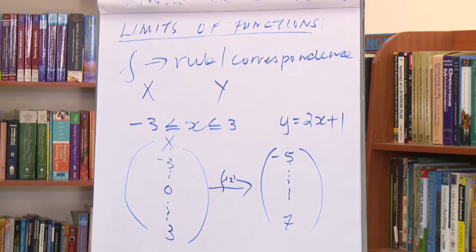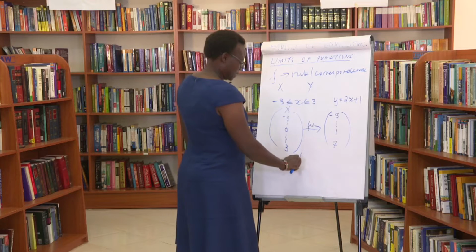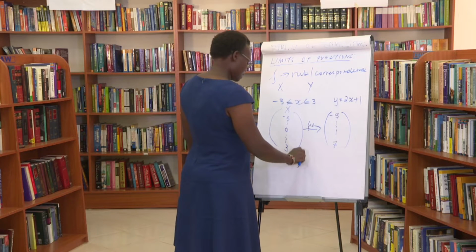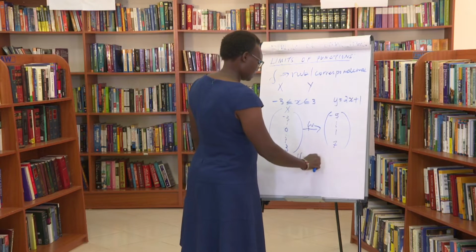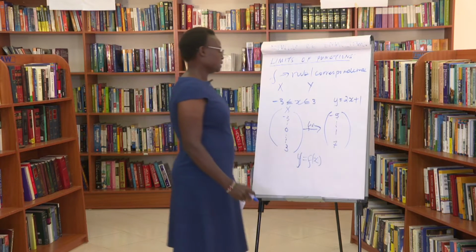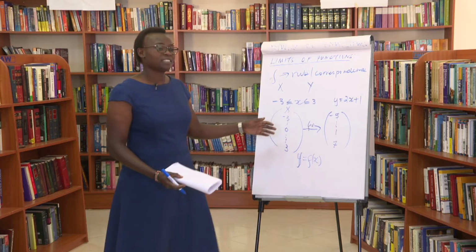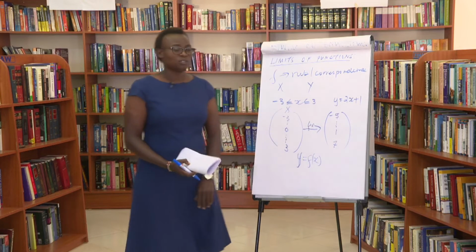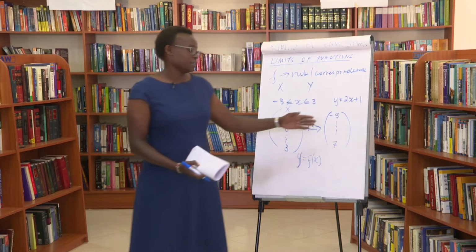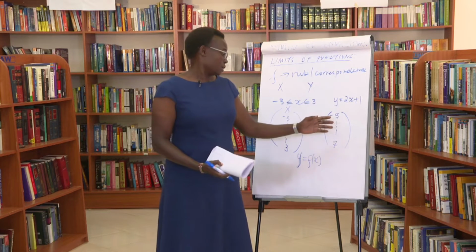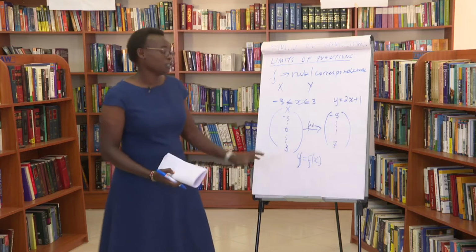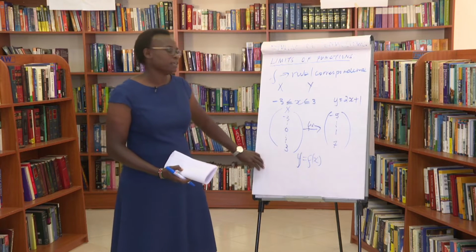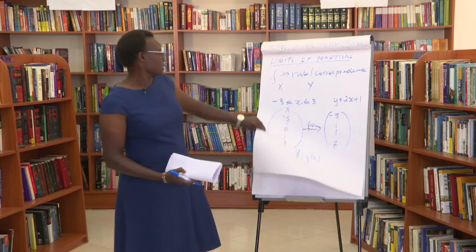From here, we can see clearly that y is a function of x, and x is our domain, and y is our codomain. So y becomes the range if the members of y are composed of only the images of x.